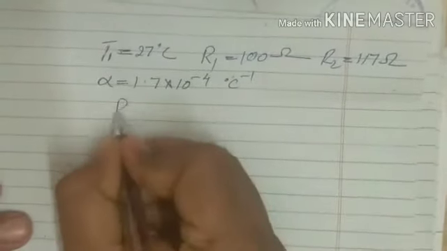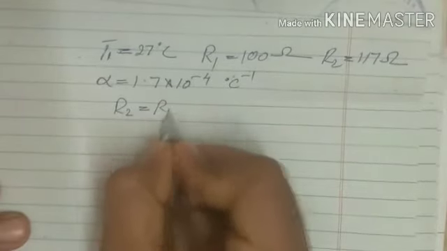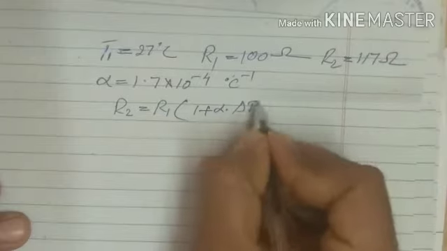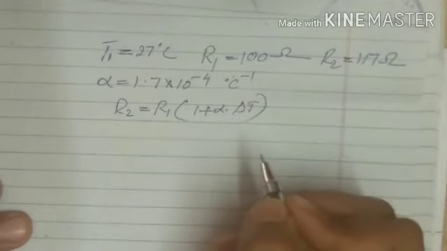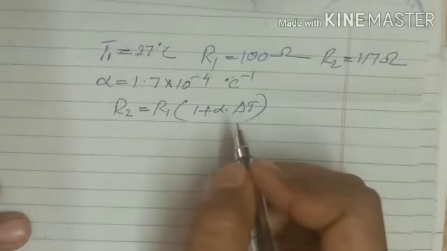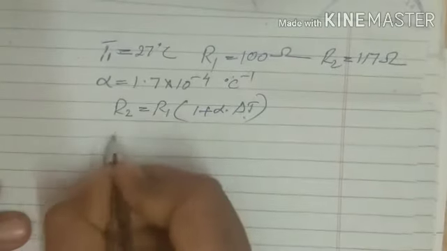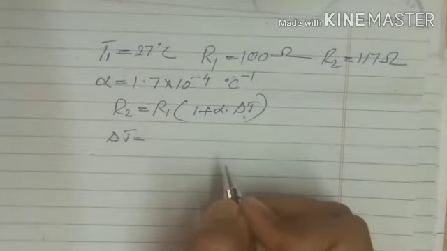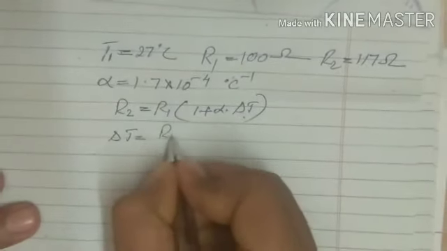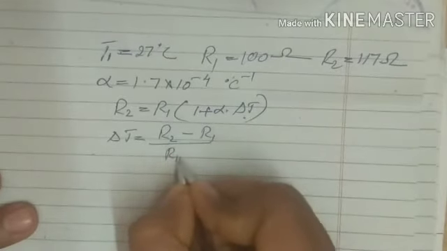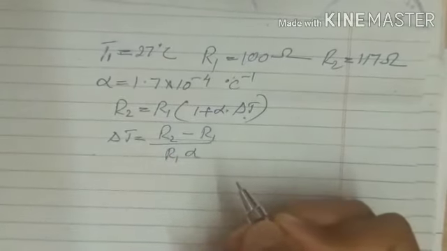And we have the equation R2 is equal to R1 into 1 plus alpha into delta T. Delta T means change in temperature, which we can write as T2 minus T1. From here we can write delta T is equal to R2 minus R1 by R1 alpha.